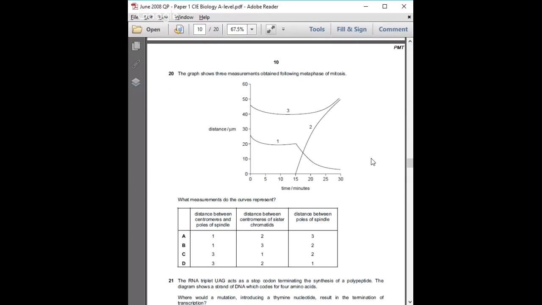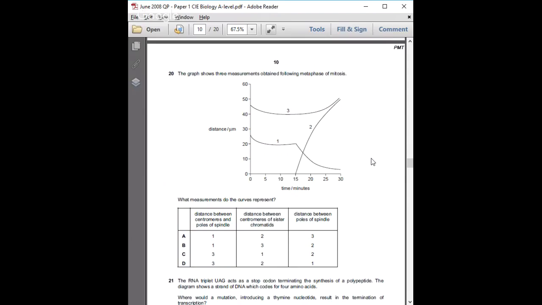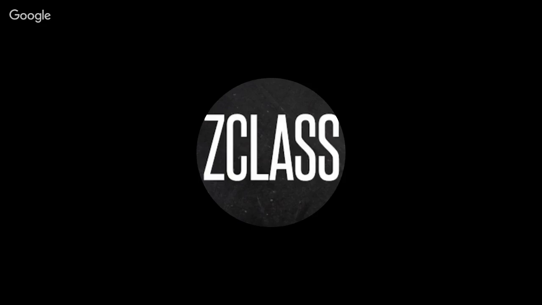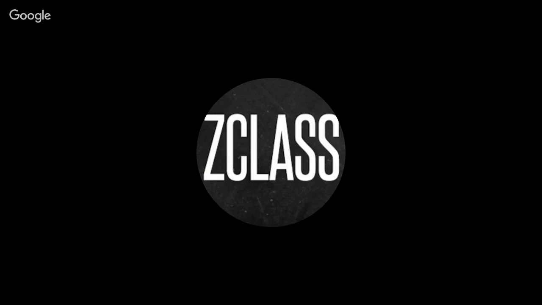So as you have an increase in the distance between the sister chromatids, you're going to have a decrease in the distance between the centromere and the poles. Good. And that leaves 3 with the distance between the poles, which is pretty much unchanged throughout the process. Okay. Good.